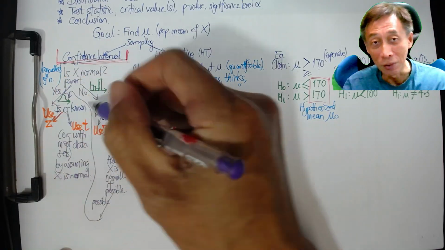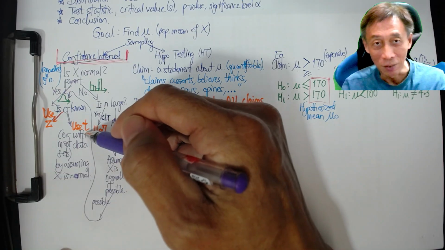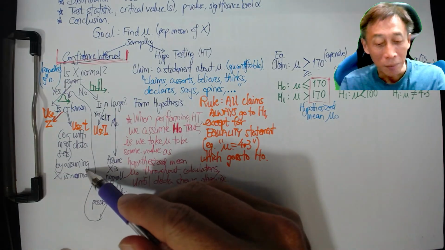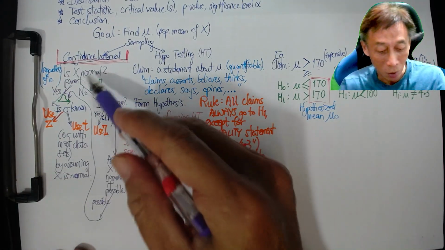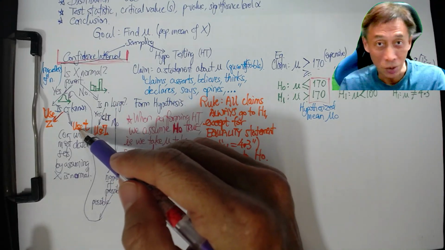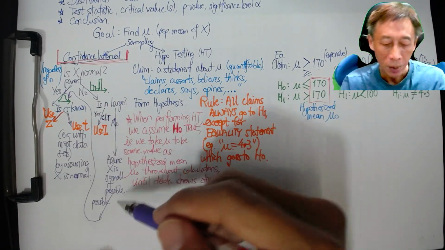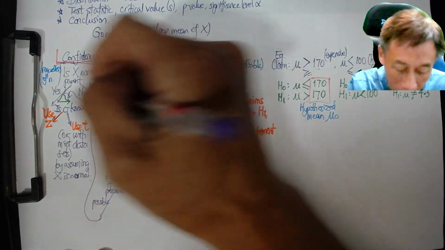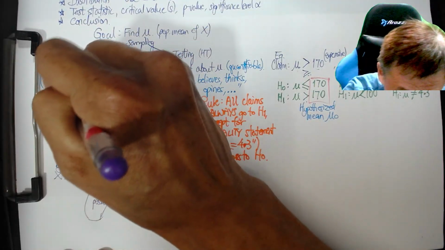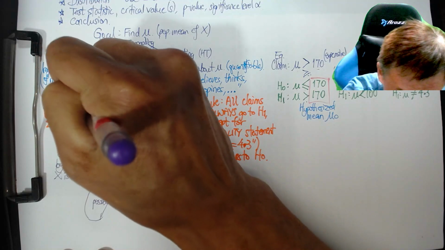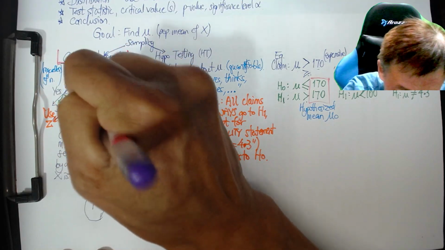If yes, then use Z. If not, then use T, right? But if you have a data file, then basically you assume X is normal and the question did not tell you sigma. Sigma is unknown, so you will end up using T. So that's still consistent.